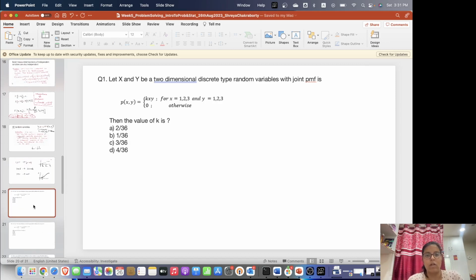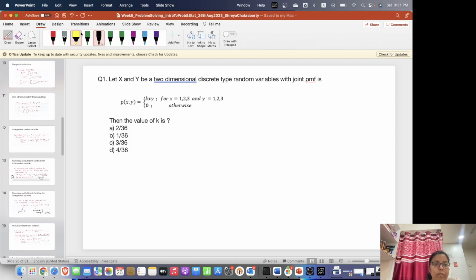Thank you. So now we will start with the problems. The first problem is this. Let X and Y be a two-dimensional discrete random variable with the given joint PMF. Then what is the value of k? First, this is a discrete random variable.